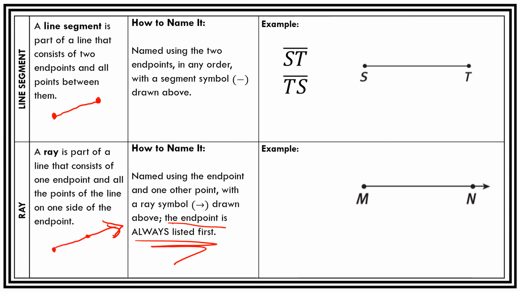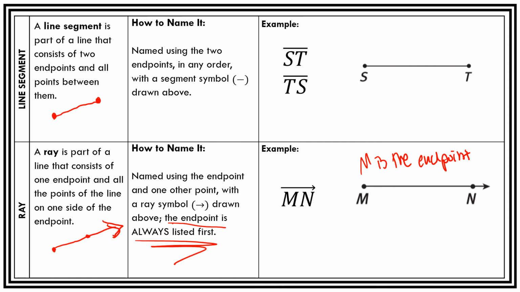We have a ray with an endpoint M and then another point N that lies on that ray. So our one way to name this, because we don't have any other points defined on this, would be called ray MN. Notice that the M came first because M is the endpoint. So it has to come first since it's the endpoint.